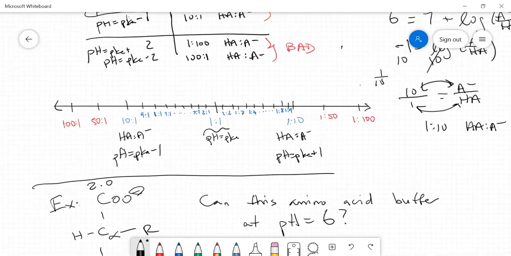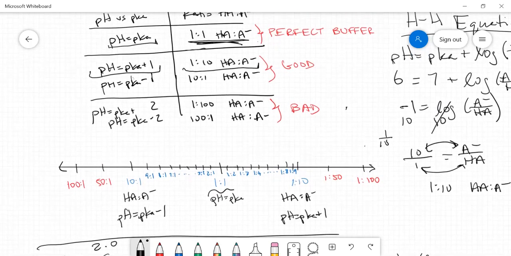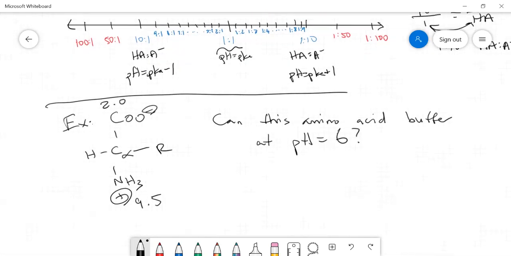We just said that the perfect buffer is where my pH equals my pKa, but I can have a good buffer as long as I'm plus or minus 1 of that pKa value. So if I take my pKa values, here's 2.0, here's 9.5. My buffering range for the carboxyl group is going to be 1 to 3, because that's plus or minus 1 of that pKa.